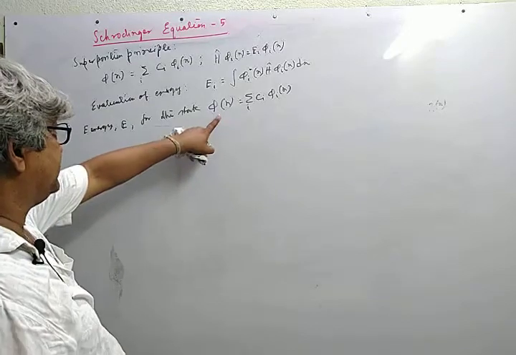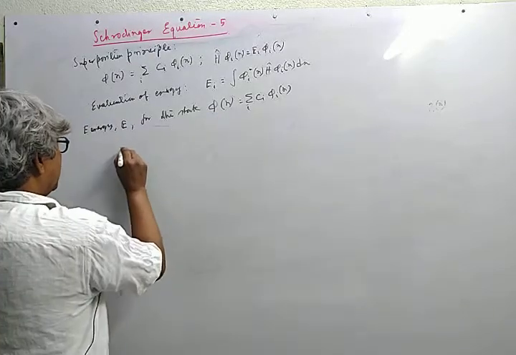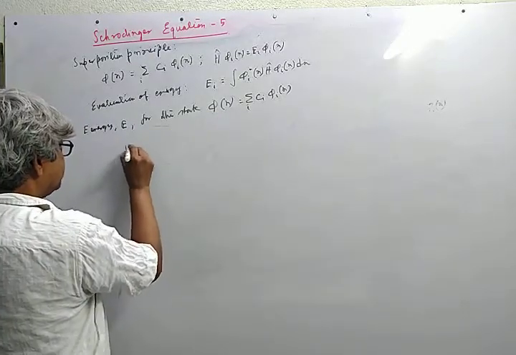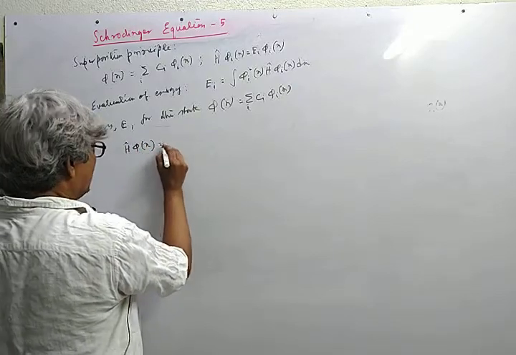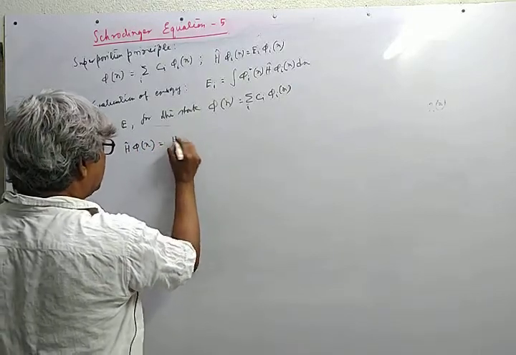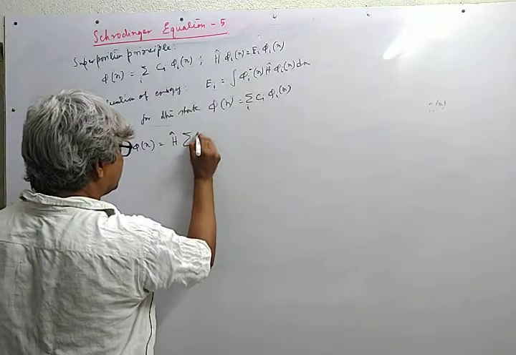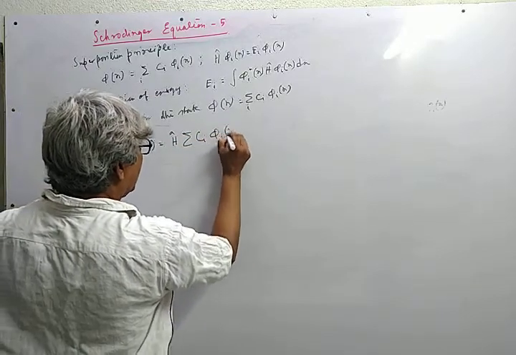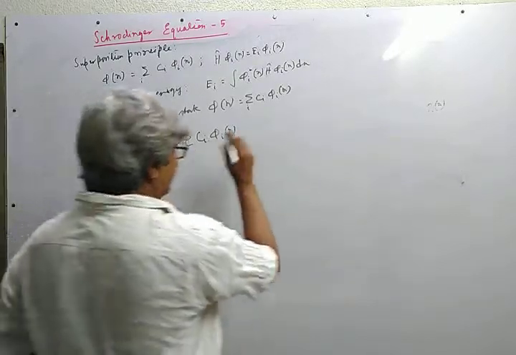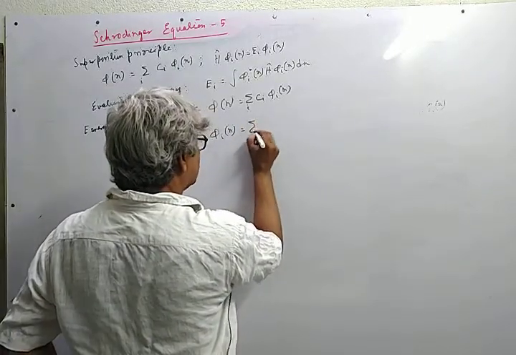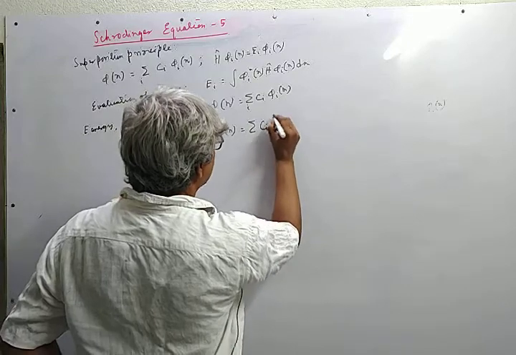Firstly, we apply the Hamiltonian. The Hamiltonian operates on the summation over i of Ci phi i of x. It will not operate on the constant Ci.